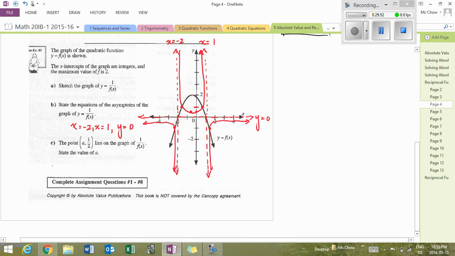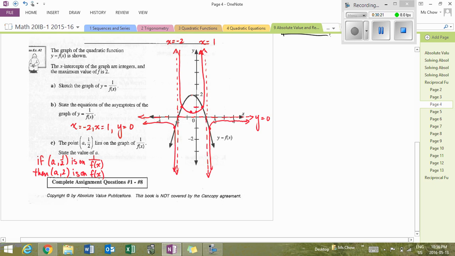So what we know is if (a, 1/2) is on your reciprocal, so if it's on 1 over f of x, then that means that (a, 2), reciprocating it back, must be on your original function.